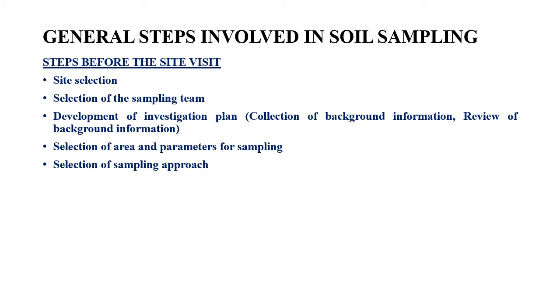Then the second is, once you have collected that information, the team has to sit and review that background information. Okay. So once they review and go through these reports and all the collected maps and data regarding the contaminated land, they will be able to identify what could be the possible sources of contamination that could have contaminated this area.